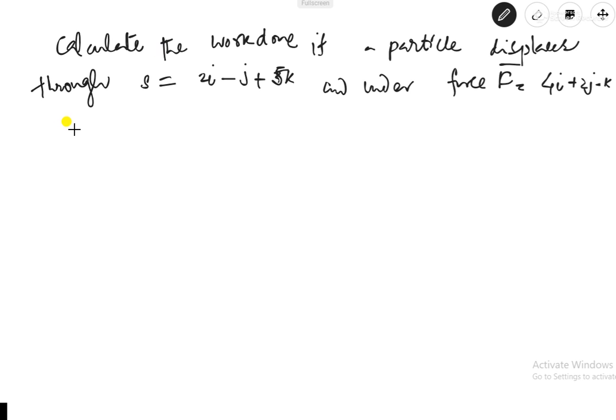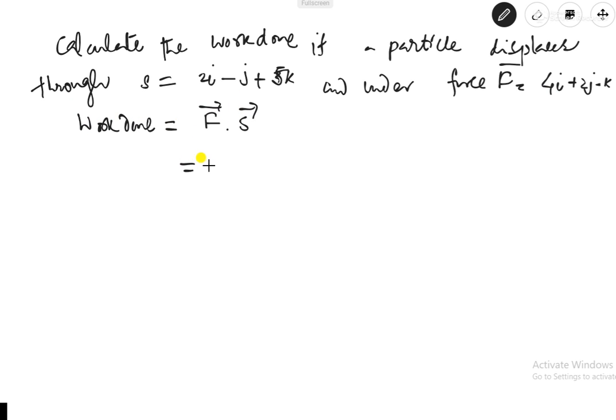So one example we found, this is a simple example for the dot product. This is work done. We have defined work done for a particle displaced by a vector s equal to this much under force F equal to this much in newtons. So we know work done is equal to F dot s.